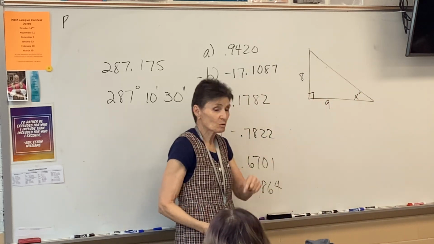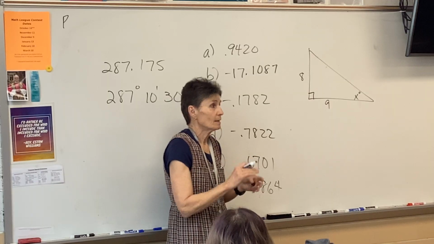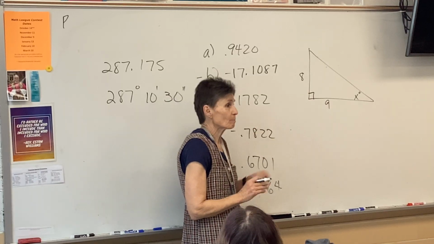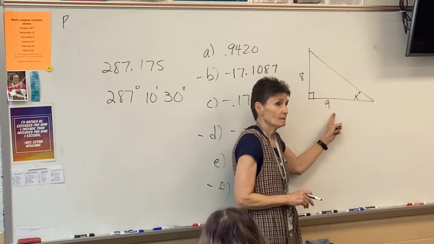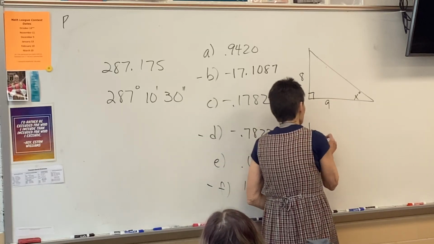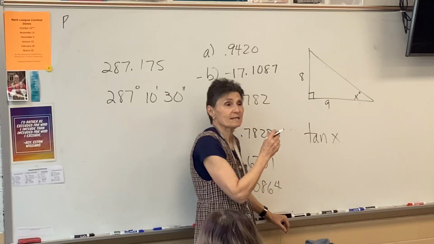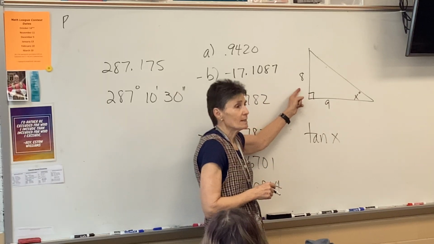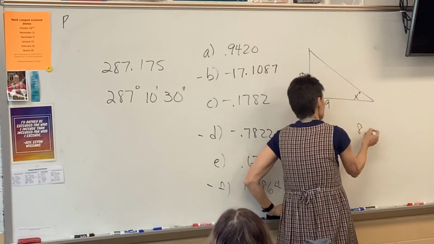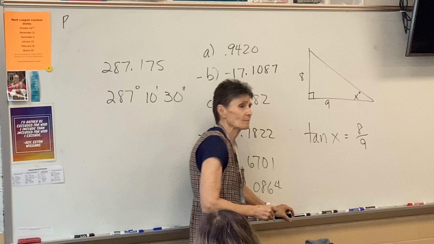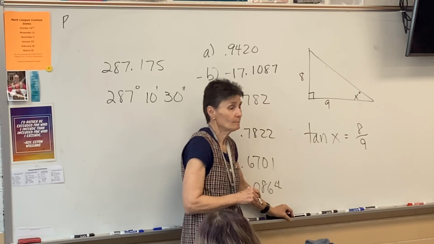Every time we do this, we come up with an equation: tangent, sine, or cosine, every time. So when I look at this problem, I have opposite and adjacent. Tan. So tan x, it's always tan angle. Don't ever say tan 8. No, the angle goes with the tangent. So tan x equals opposite over adjacent. Now, if you multiply by 9, you will be wrong.